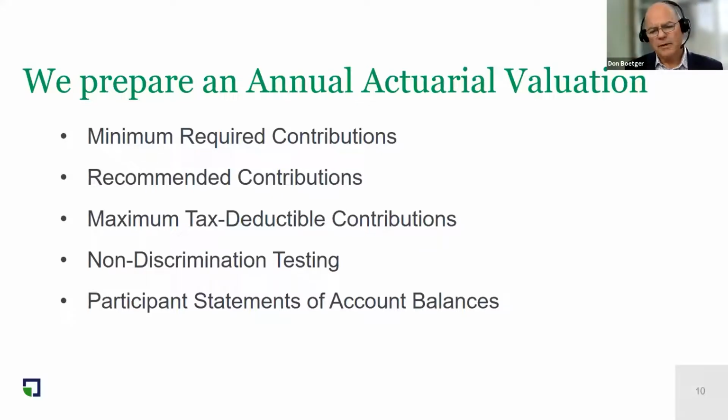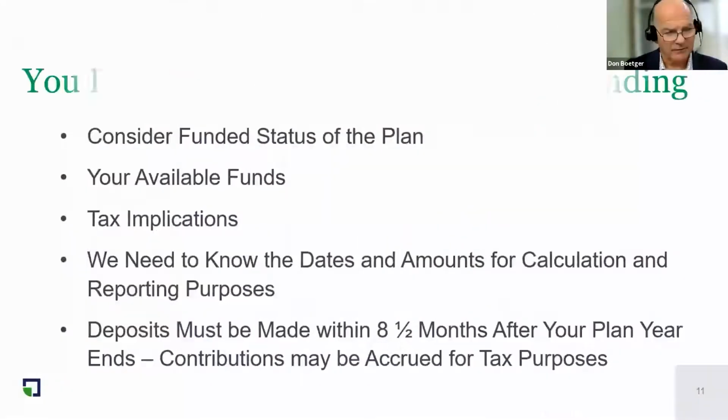Well, what we do then is that's the account balance, the theoretical account balance. Now we compare it to the assets and decide which one works, how much you should put into the plan with the flexibility I described earlier. On the next slide, you determine the appropriate level of funding.